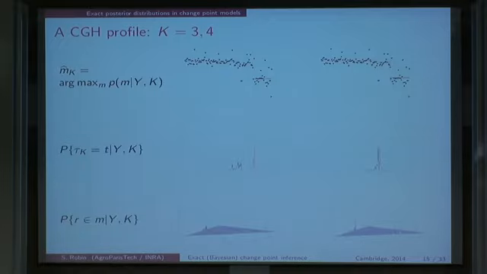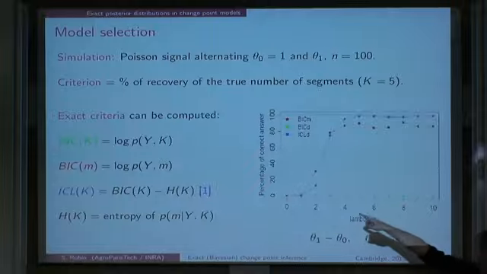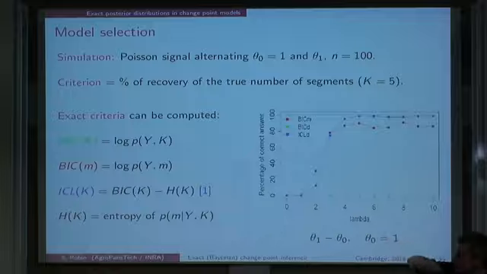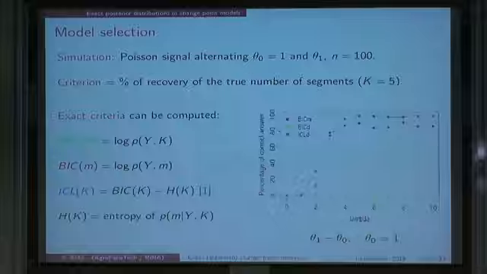And when you use this kind of principle to do model selection, BIC is fairly well known, and basically BIC is just the log probability of the number of segments given the data. Often you take a uniform prior on k, so you end up computing just that, and the conditioning on y is useless because it's a constant, so this is a typical quantity. But in the mixture model context, people propose this criterion, which is ICL, where you add one more penalty to BIC, which is the entropy of the conditional distribution.